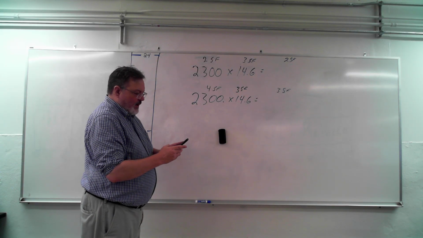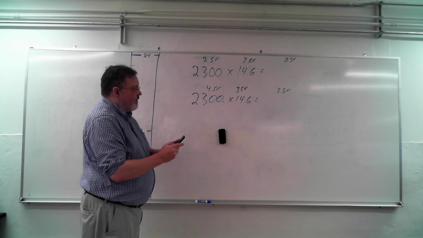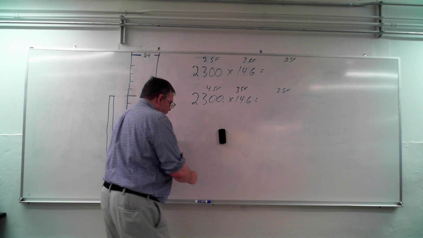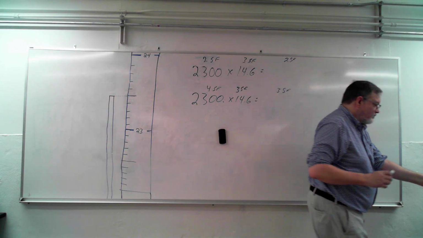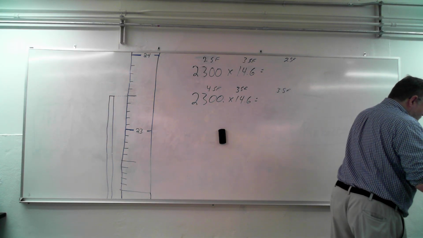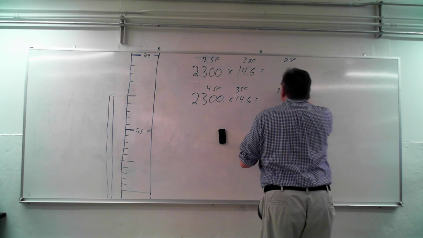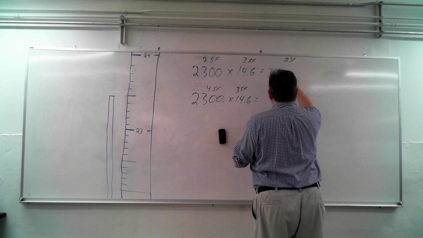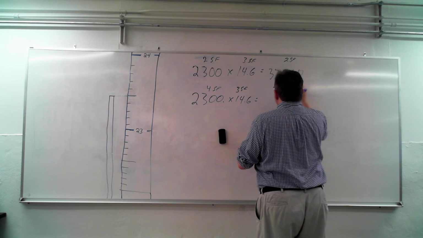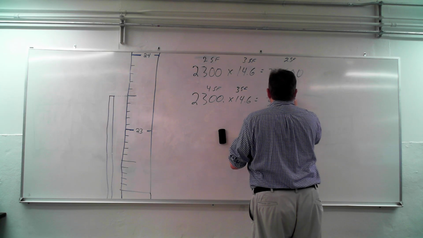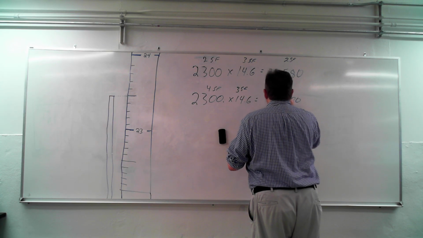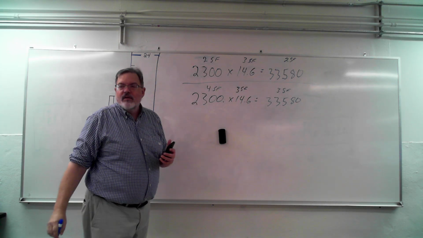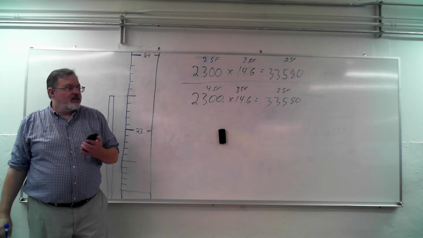So in my calculator, I'm going to go 2300 times 14.6, 33,580. Either way, that's what my calculator is going to say after I calculate it.